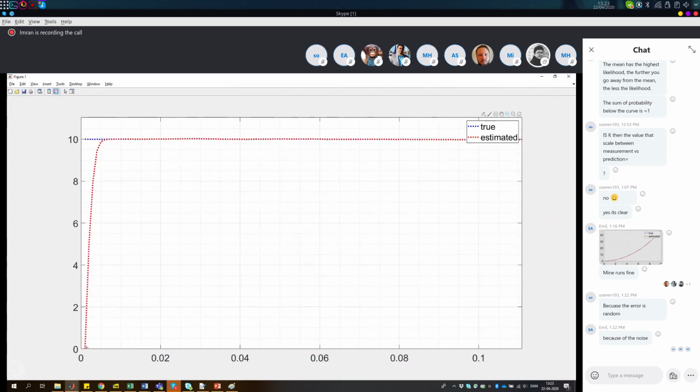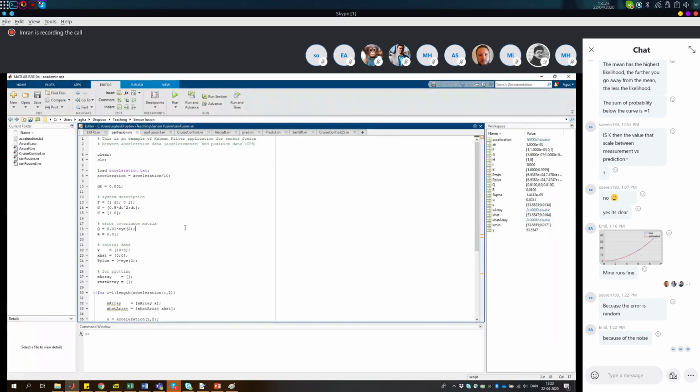You see the evolution of this estimate. The blue one is the actual, while the red one is the estimate. So in milliseconds, it converges to the actual one.